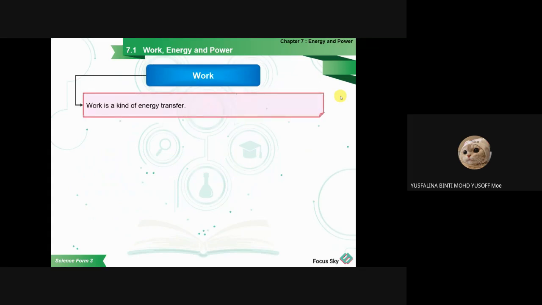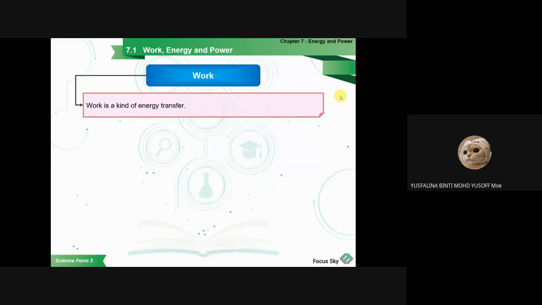Work is a kind of energy transfer. Let's say you want to push a box. First, you have chemical energy inside your body, because every food that we eat has chemical energy.